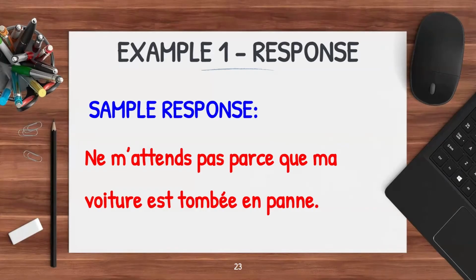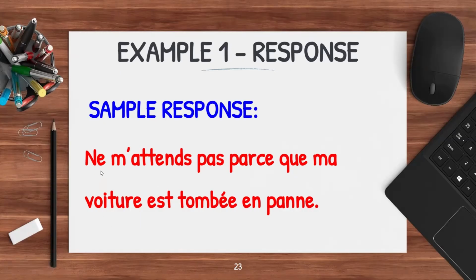For our sample response, we have "ne m'attends pas parce que ma voiture est tombée en panne." What this is, don't wait for me because my car broke down. That was the instruction. So ne m'attends pas is the instruction.